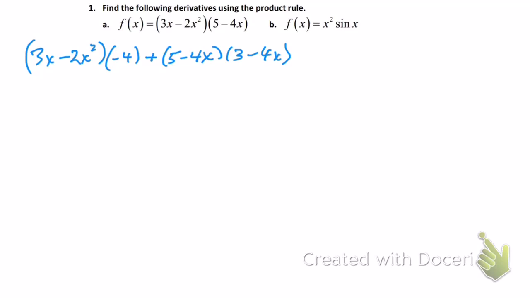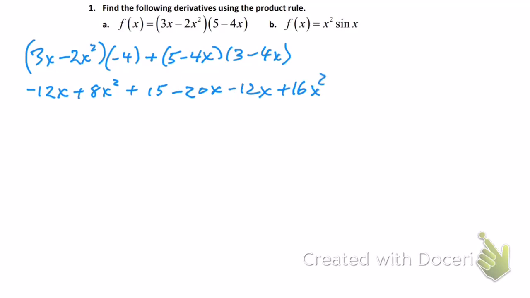Okay, so I'm going to multiply negative 4 times this first parenthesis. So I'm getting negative 12x plus 8x squared plus 15. I'm just foiling now. Minus 20x. Lost my place. So minus 20x, then minus 12x, and plus 16x squared.